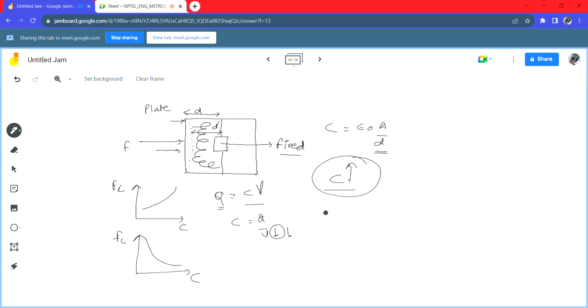Whereas on the other hand, if this is not compressive but expansion causing force, what will happen is this distance will increase, and with increase in this distance, the capacitance will reduce. And with this reduction in capacitance, the voltage will increase.